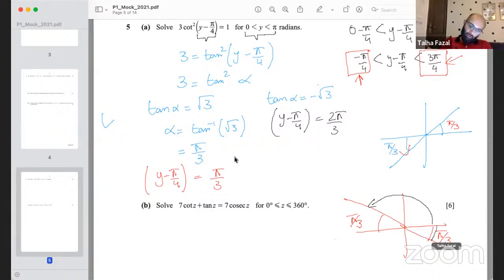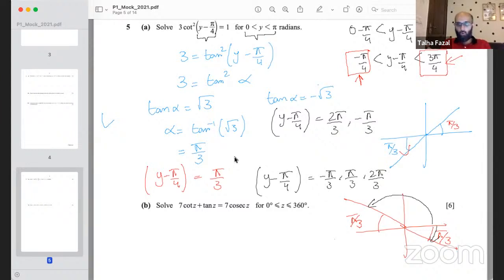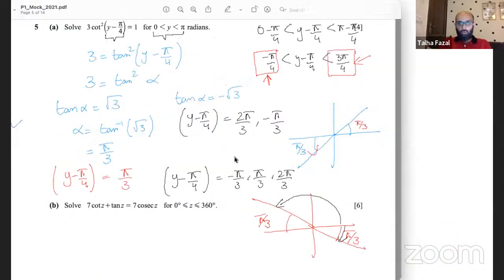And this angle will be negative pi over 3. So in the end, you'll end up with 3 solutions. So you have y minus pi over 4 equals negative pi over 3, pi over 3, and 2 pi over 3. And then you can add pi by 4 to all these 3 angles to get the desired results.